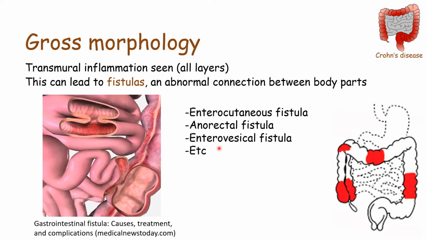Enterovesical fistula. This is a connection between the bowel and the bladder. So you can have a situation where a patient is essentially peeing feces. Here in this image is just to show again the skip lesions in the bowel seen in Crohn's disease.